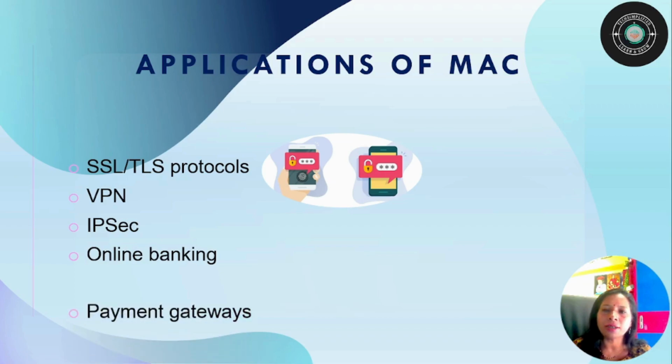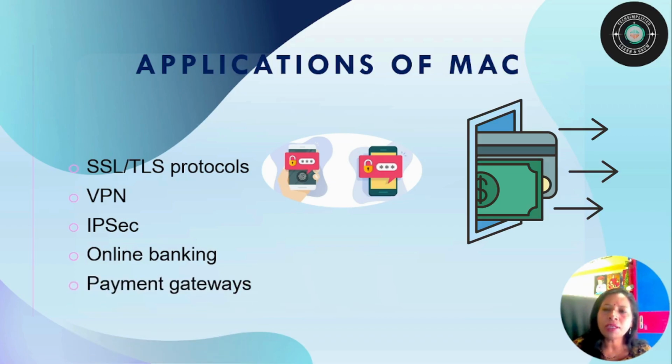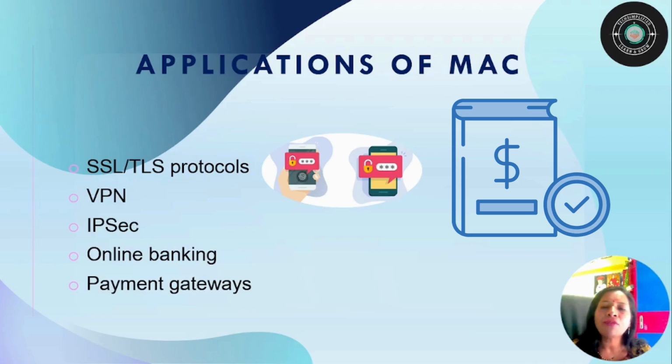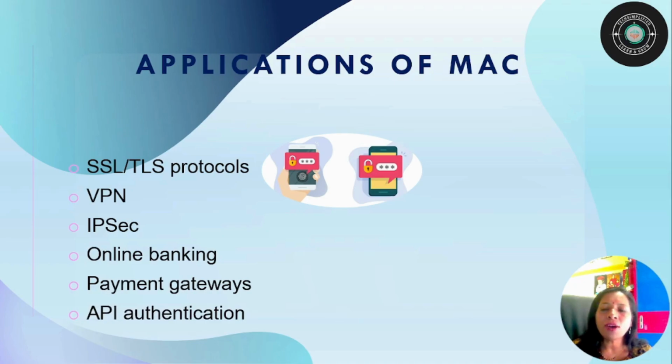The next one is payment gateways. Payment gateways are used when we are doing a fund transfer, bill transaction, or card payment. MAC mechanisms ensure that transaction details are not modified and fraud attempts are detected. The next is API authentication.